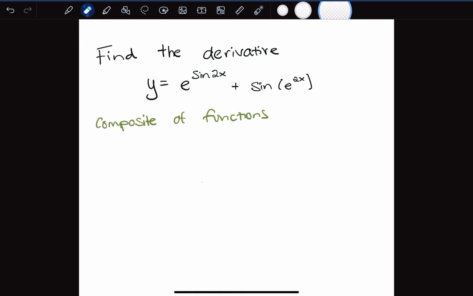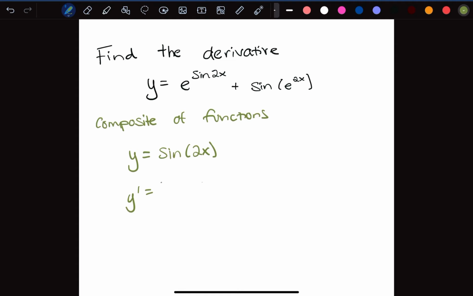And that's why when we're taking the derivative of sine of 2x, your y prime is equal to 2 cosine 2x, because you take the derivative of your outside function, which is the sine of x, and the derivative of sine of x is your cosine of x, but you keep that 2x on the inside, and then you multiply by the derivative of your inside function, and the derivative of 2x is just 2.